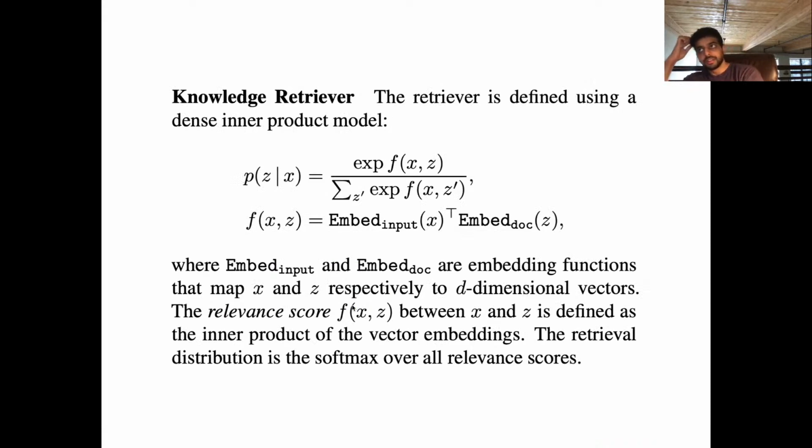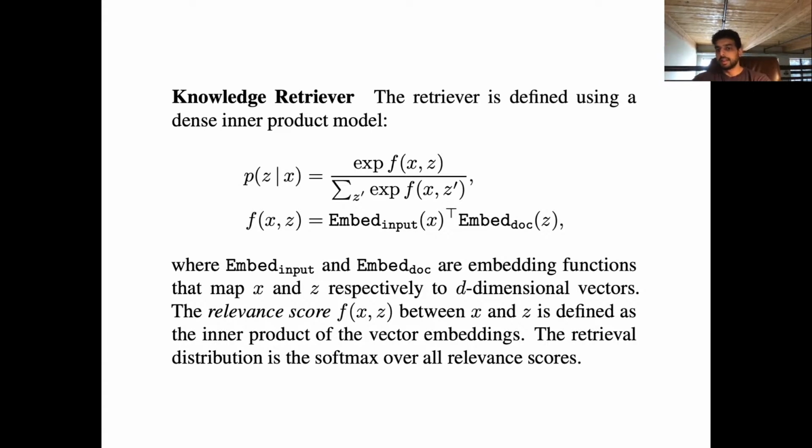The retriever operates in a pretty straightforward manner. We basically assume that we have a vector for every single document in our knowledge corpus. So this is going to be embed doc Z. That's what we're going to call our representation for a particular document in the corpus.